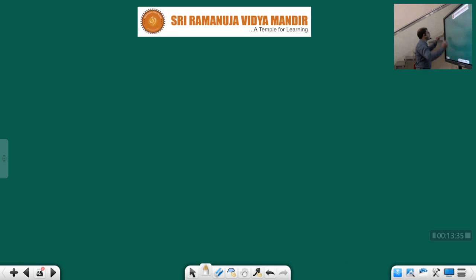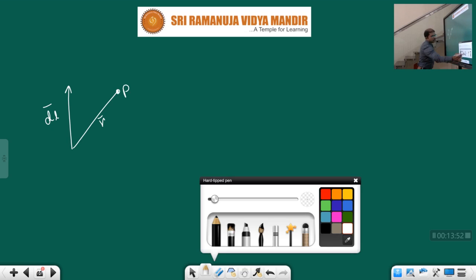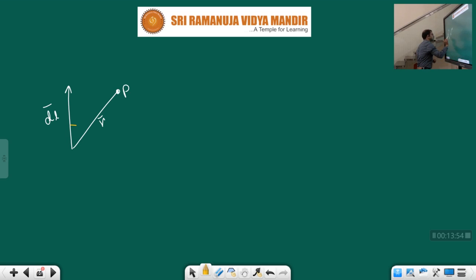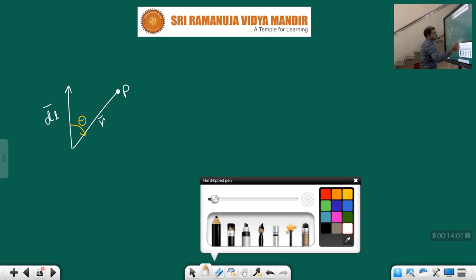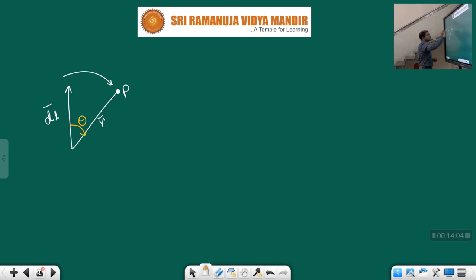See children, now this one is dl bar, this one is r bar, this one is point P, and this one is some theta. Suppose I rotate in clockwise direction, dl bar to r bar, dl bar cross r bar.